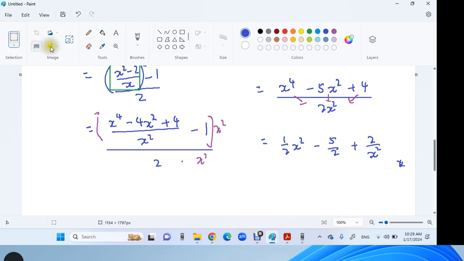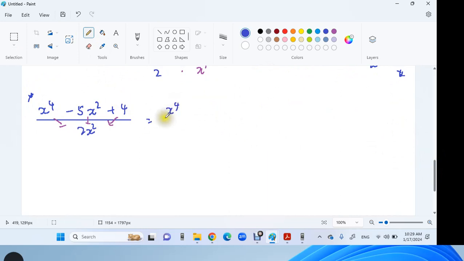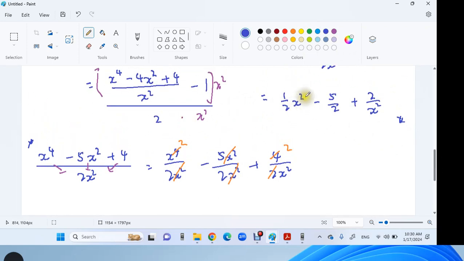Or I do actually this one over here: x to the power 4 over 2x squared minus 5x squared over 2x squared plus 4 over 2x squared. We cancel these, so it becomes x squared over 2 minus 5 over 2 plus 2 over x squared.